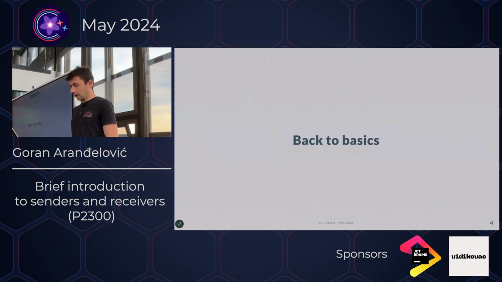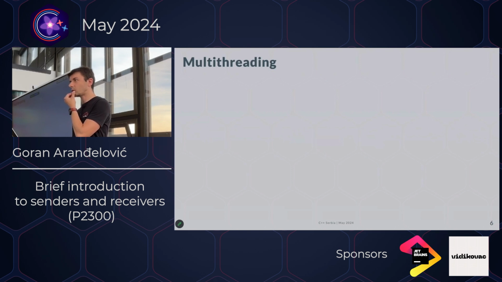Okay, but let us introduce some basic concepts you already know. When we are talking about multi-threading, what is the first thing that you think of? You start with a new project, and of course, multi-threading is the core part of probably every C++ project right now, at least on the backend side.